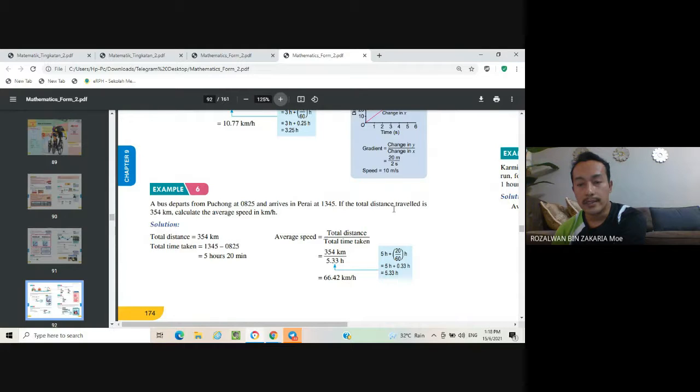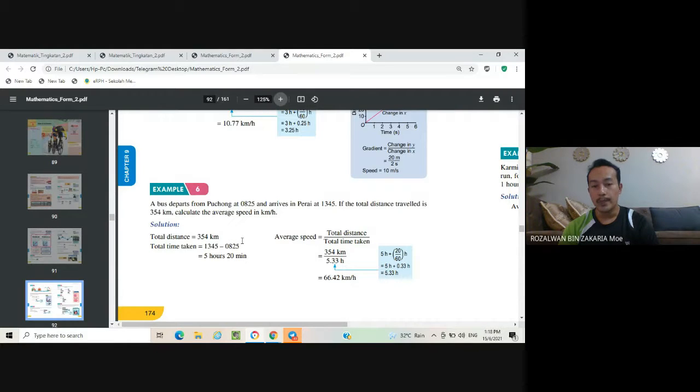If the total distance traveled is 354 kilometers, calculate the average speed in kilometer per hour. To find the average speed, we have to use the formula: average speed equals the total distance divided by total time taken. Total distance equals 354 kilometers, divided by the total time taken.